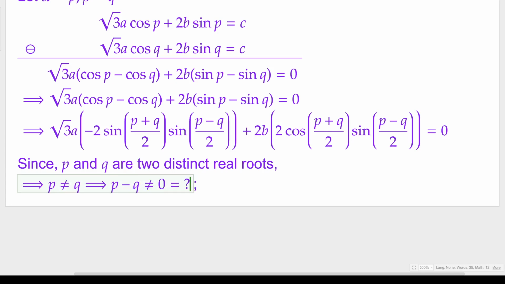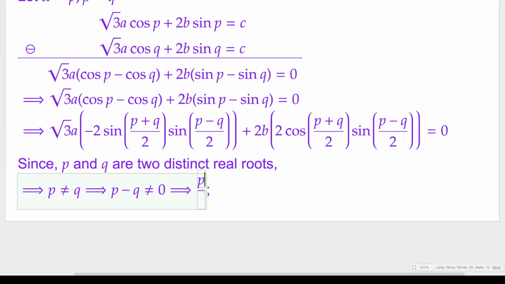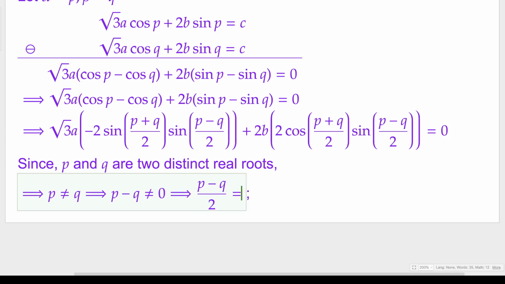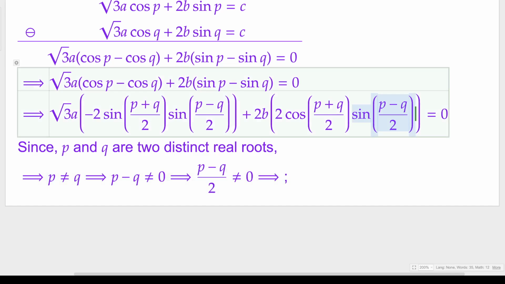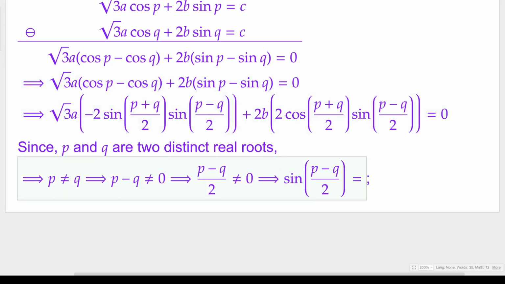If I divide by 2 on both sides, p minus q over 2 is not equal to 0, and this further implies that sine of p minus q over 2 is not equal to 0.